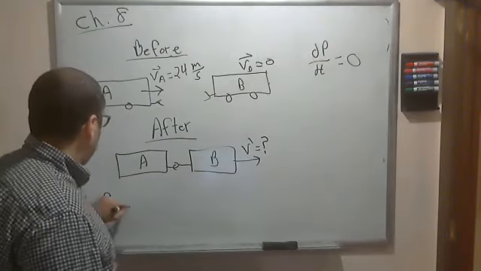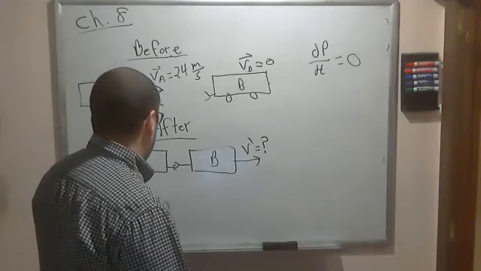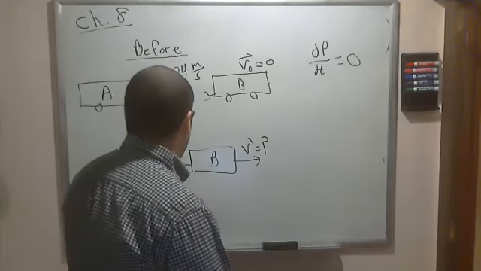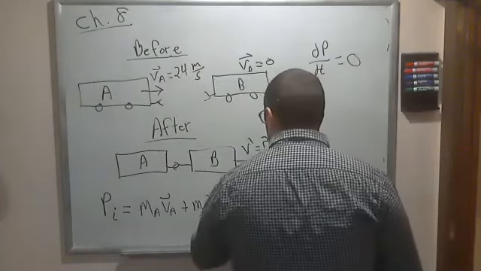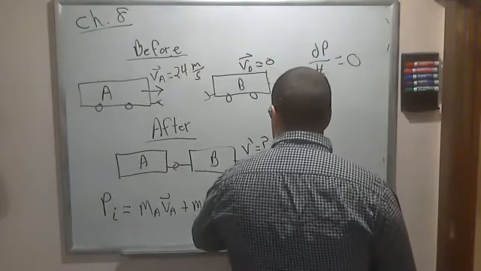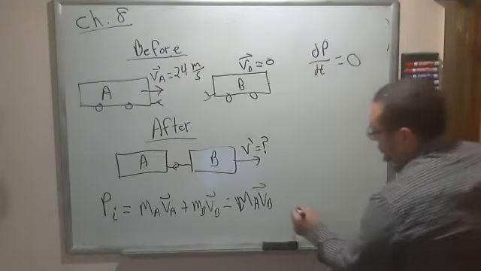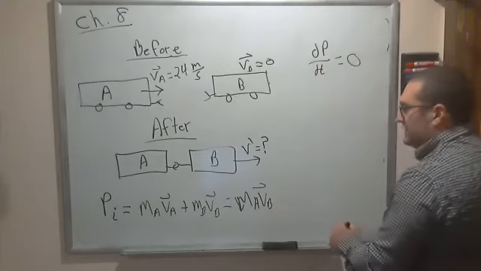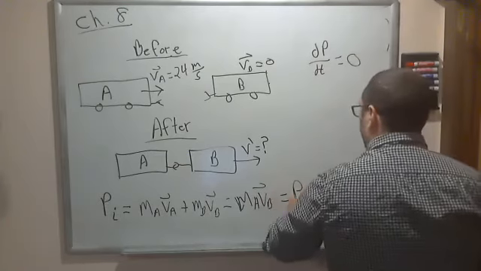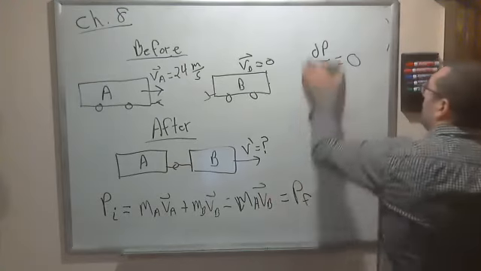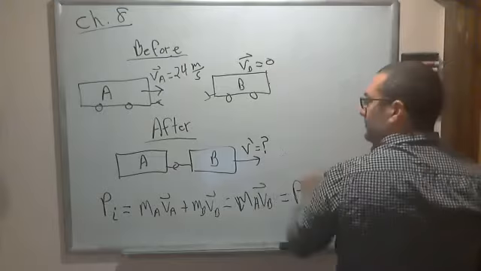So P initial, I'll just use an I, is equal to MA times VA plus MB times VB. Since B is not moving, it's just equal to MA times VA, right? And then because there's no change in momentum of this entire system, this is equal to the final momentum.